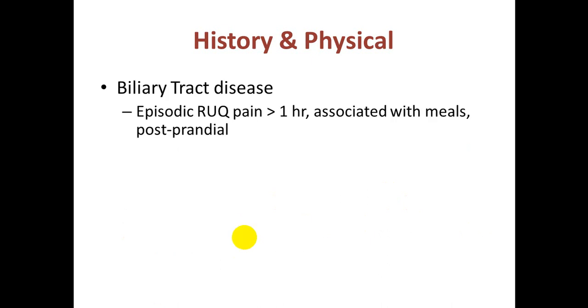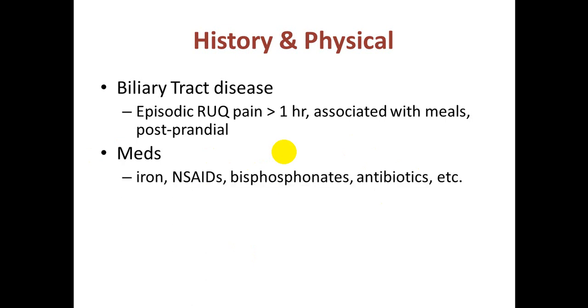History and physical examination: any history of biliary tract disease, episodic right upper quadrant pain lasting more than 1 hour, associated with meals, postprandial. This is most likely associated with biliary disease or biliary stones.